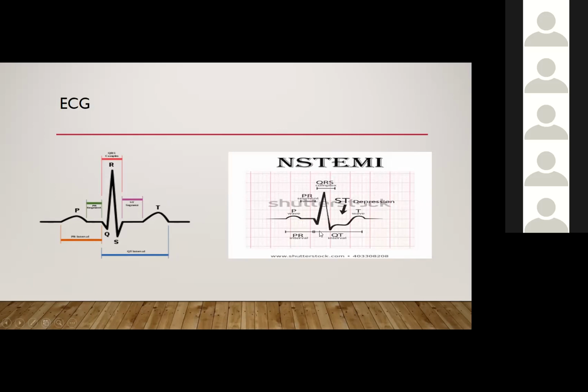Okay. If you take a look at this one, the same ST segment we talked about is ideally supposed to be at the same level, as you can see, as where the P wave starts. So you expect that your ST segment is supposed to be somewhere here on this line.